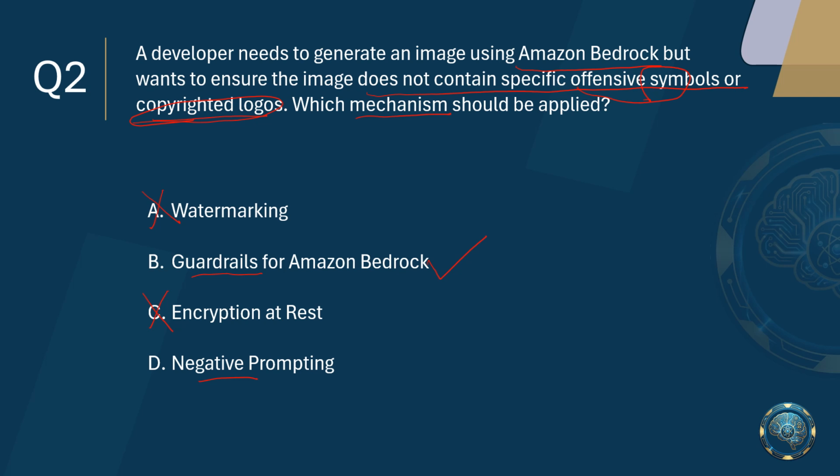In such a case, negative prompting is the best answer. Since we are talking about copyright and all related to a compliance topic, we cannot take a risk. In such a scenario, guardrail is the best choice. So the answer is guardrail.